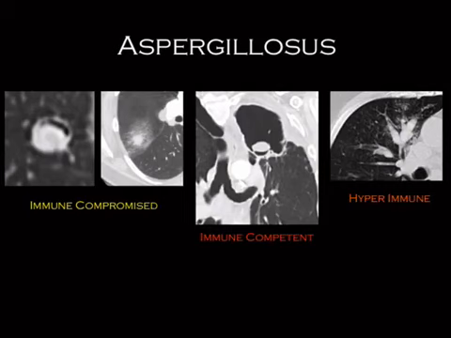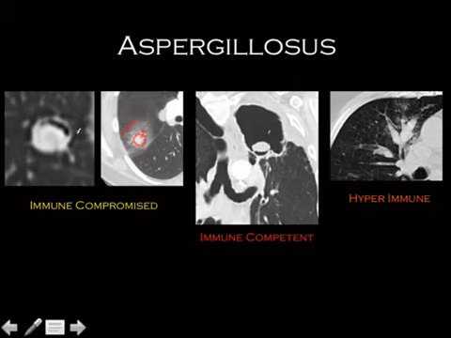Aspergillosis can occur in a variety of different settings, and it depends on the host what the pathology ends up looking like. So, in an immunocompromised person, this is when you're going to see your halo sign, which we talked about in the first module, which is your infection here, spreading out and creating little microhemorrhages as it invades into the microvasculature.